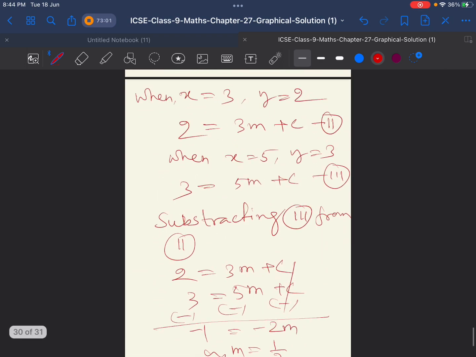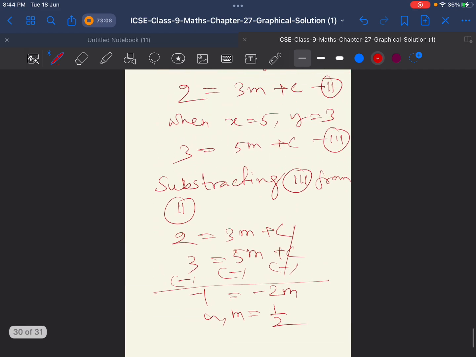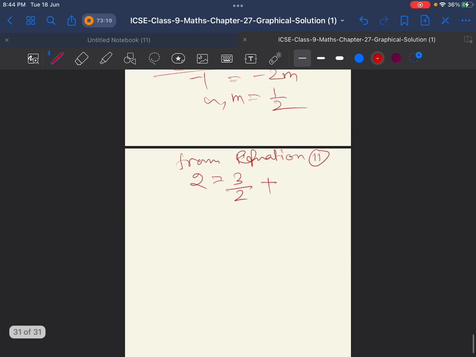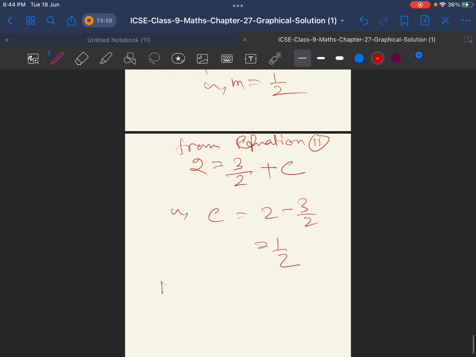From the equation 2, we get 2 equals 3 into 1 by 2 plus c, or c equals 2 minus 3 by 2. This is 1 by 2.